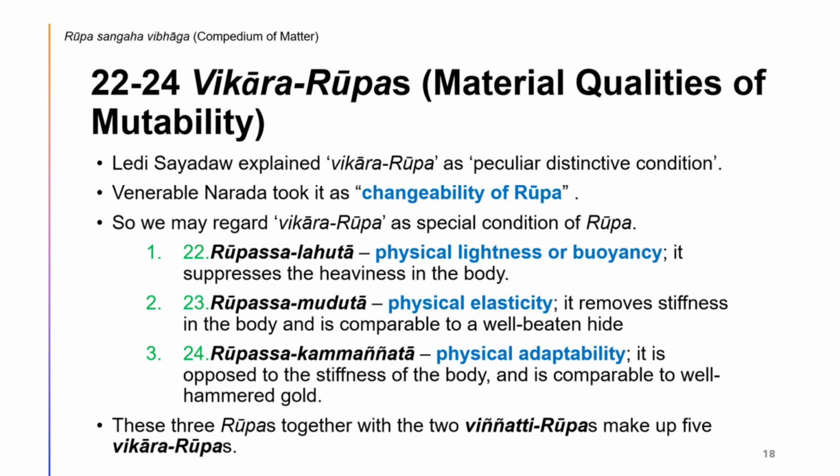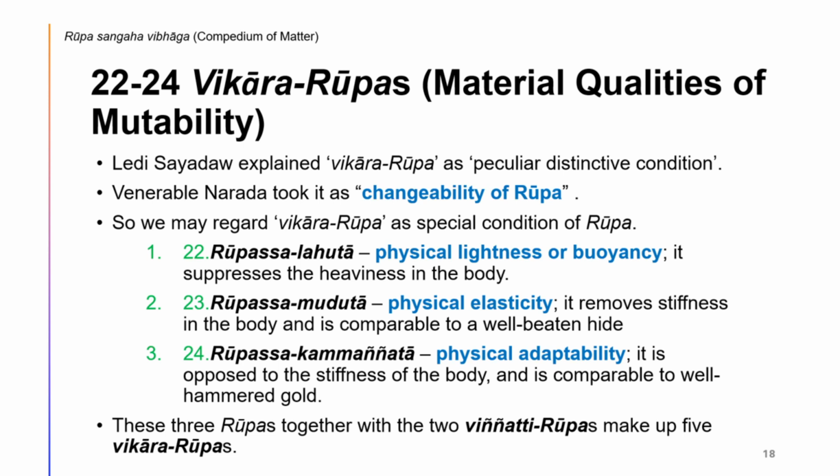So the great Burmese monk, Ledi Sayadaw, explained Vikara Rupa as a peculiar, distinct condition. And then Venerable Narada took it as the changeability of Rupa. I mean, the Rupa can be changed.